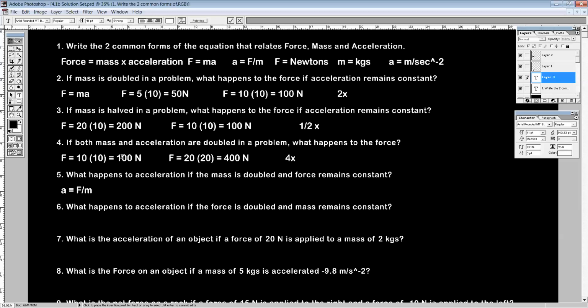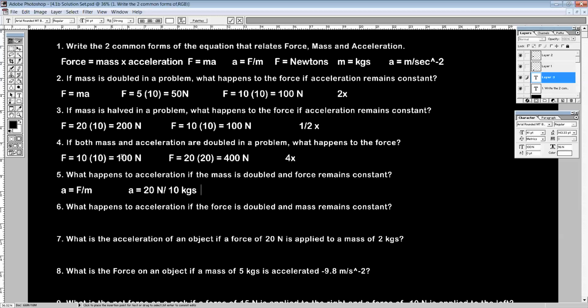Let's stick with our force of 20 newtons, and our mass is, let's say, 10 kilograms.